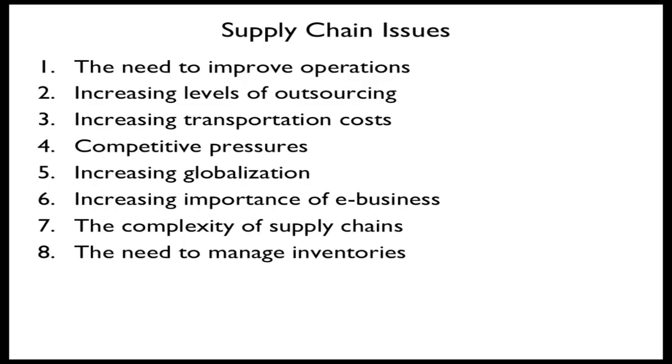The complexity of supply chains. Your supplier may also be serving your competitors. The need to manage inventories. So there are different strategies, and we'll talk about this in more detail, where you might have your supplier manage your inventory and work together with your supplier.